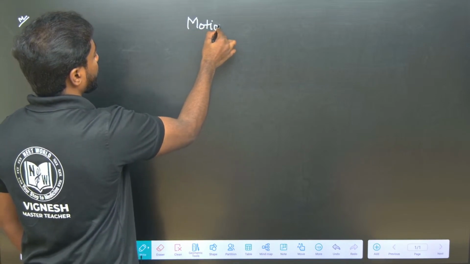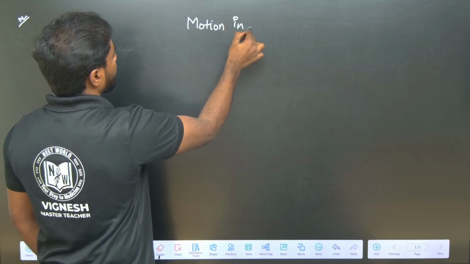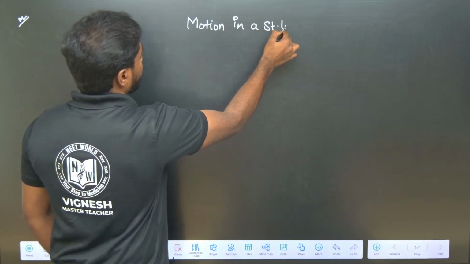So we were discussing the topic of motion in a straight line.